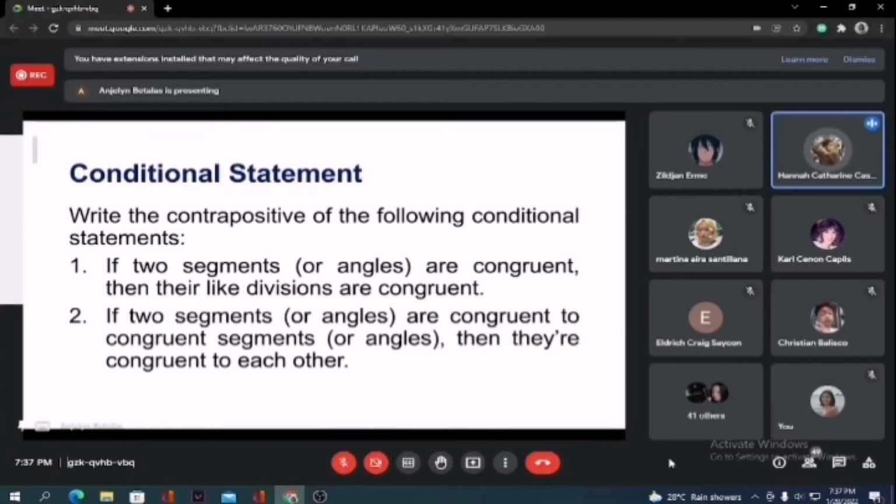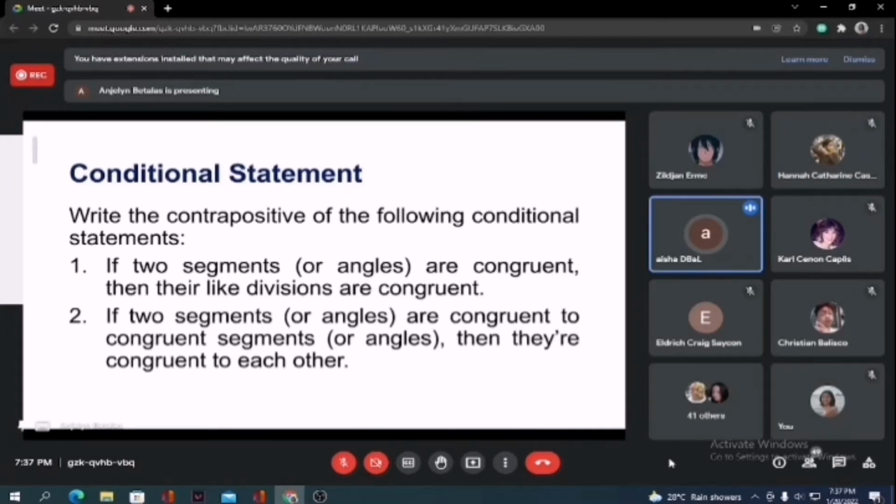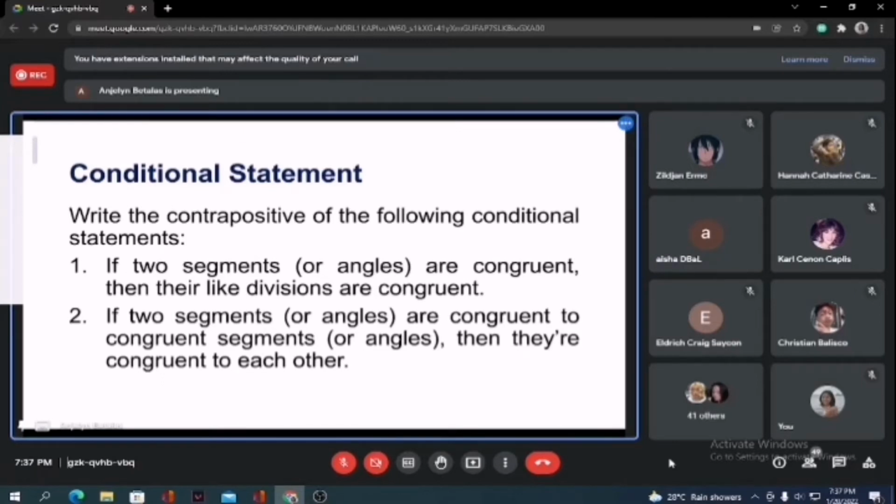If the two segments or angles are not congruent to each other, then they are not congruent to the congruent segments or angles.